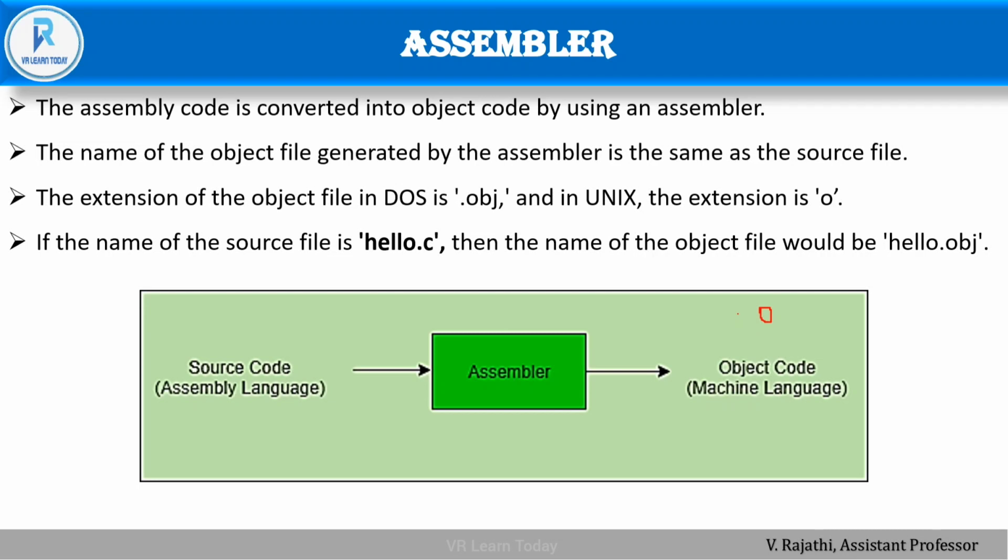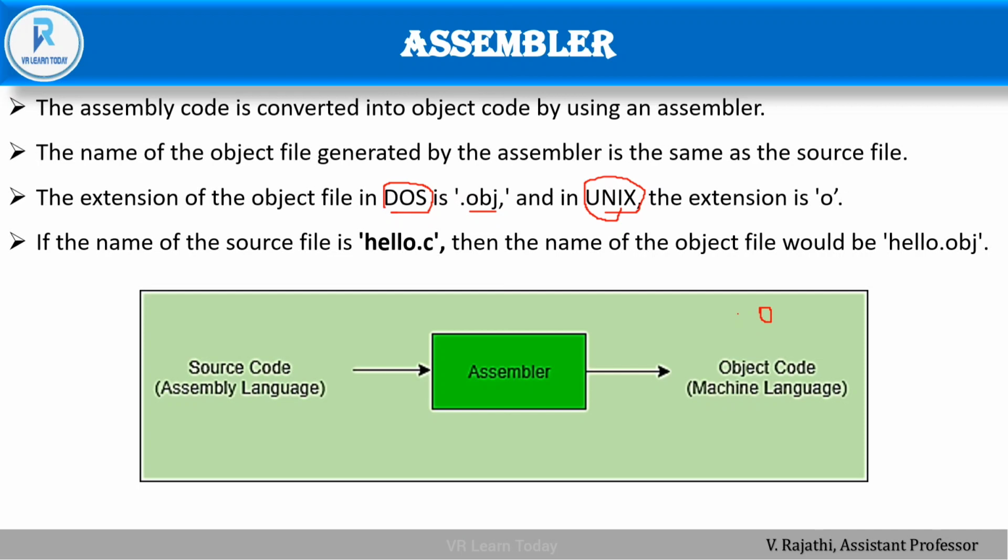depends on the operating system. DOS is an operating system and Unix is an operating system. In DOS, the extension will be .obj. If you are using the Unix operating system, the extension will be .o.